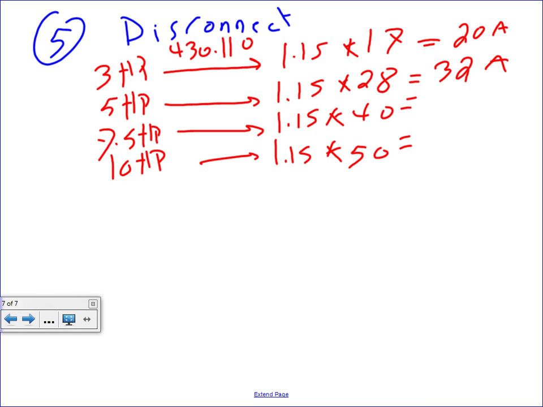And 40 times 1.15 equals 46 amps. And 50 times 1.15 equals 58 amps.